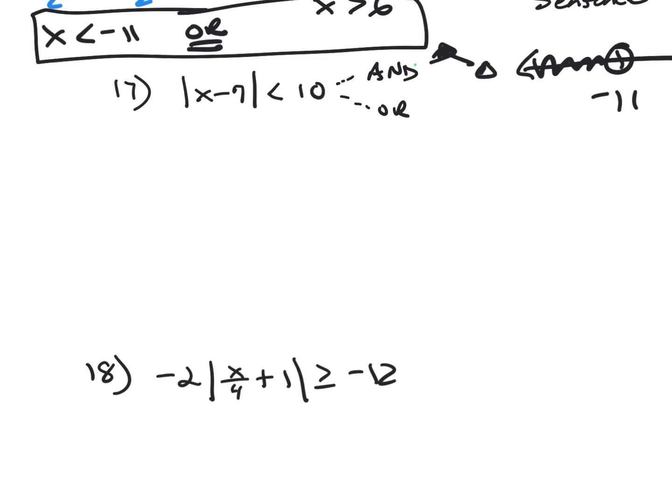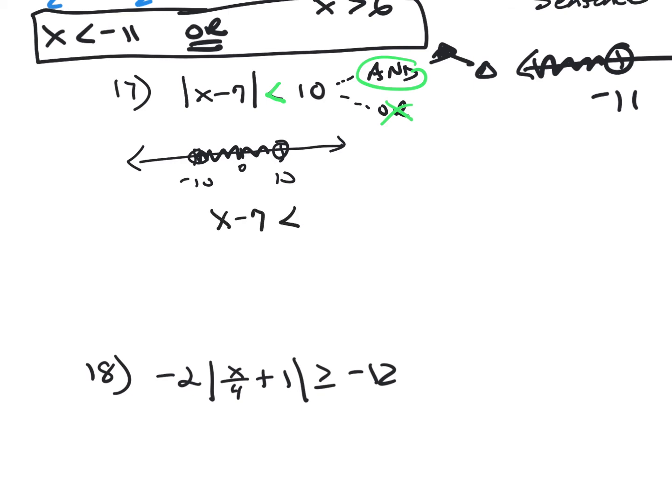You should have said it's an and that we need to write, because we want to be less than 10 units from 0. And if you are less than 10 units from 0, you must be between negative 10 and 10. And that is an and. So we want you to write that x minus 7 is between negative 10 and 10. We want you to write the between statement.